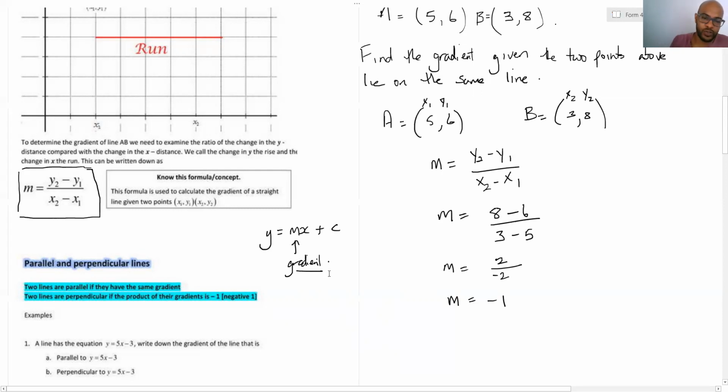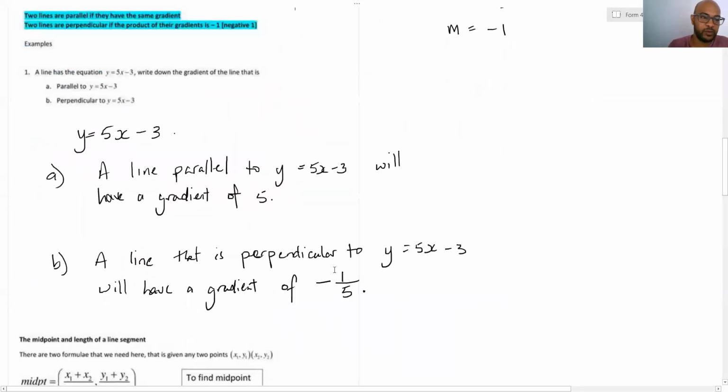And the same thing goes for what we just talked about with the parallel and perpendicular lines, right? What do I mean by that? If I am given something like this, 2y plus x is equal to 3, right? This is not in the general form of the equation of a line.